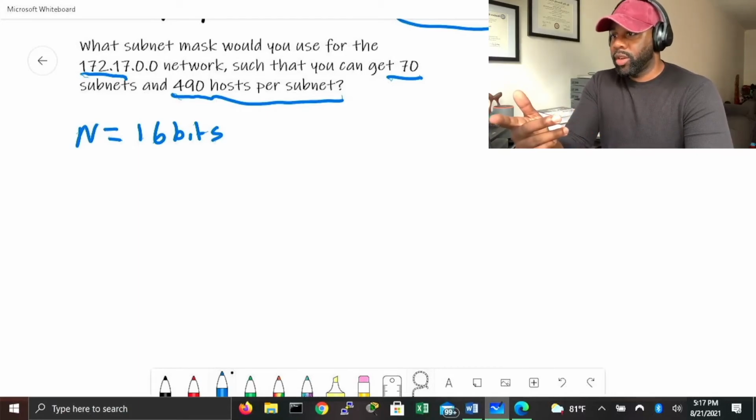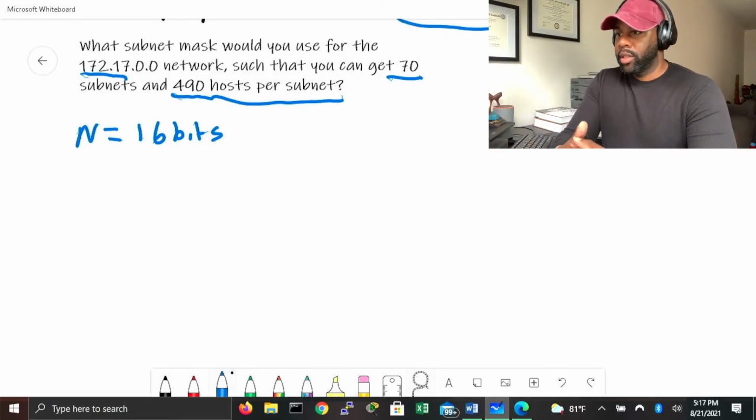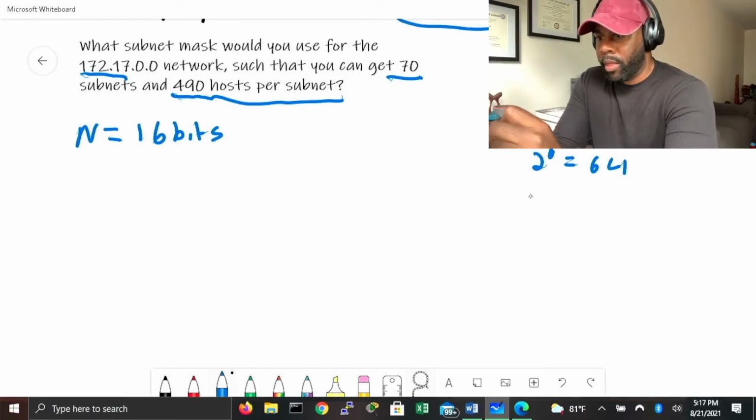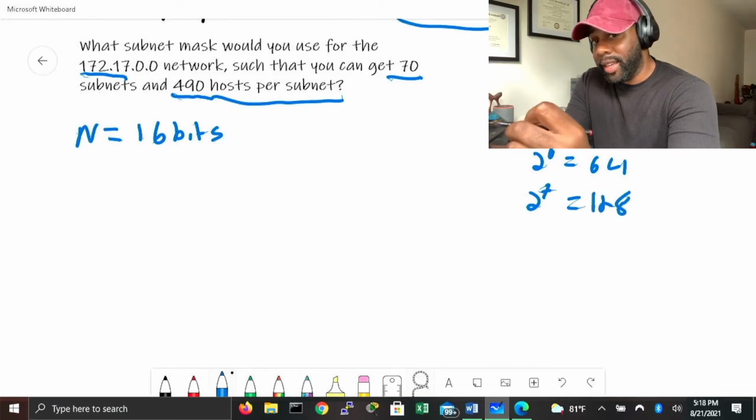2 to the what is going to give us something close to 70? Let's start with 2 to the 5. We know that 2 to the 5 is equal to 32. 2 to the 6 is 64. We're getting close. Let's do another one. 2 to the 7 is 128.